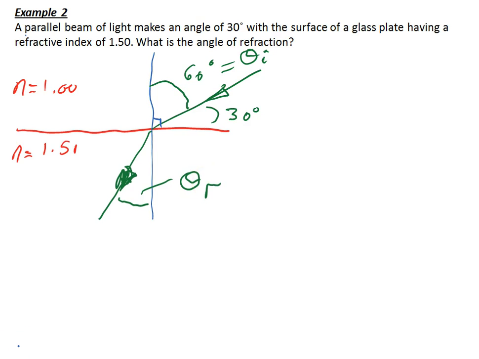So we need to know Snell's law, and we can express Snell's law in a couple of different forms. I normally remember it in the form sine theta 1 divided by sine theta 2 equals V1 over V2.